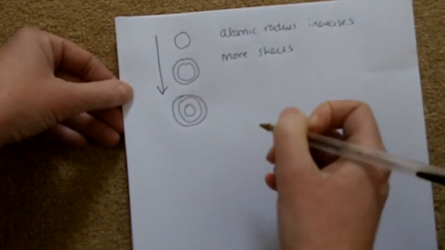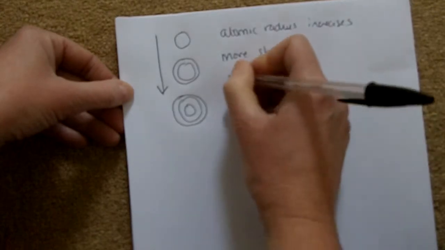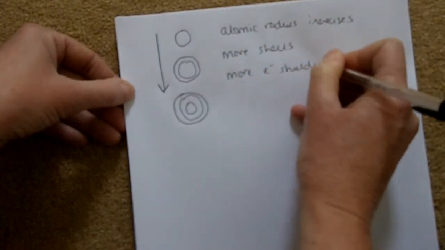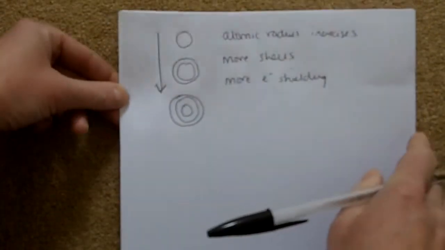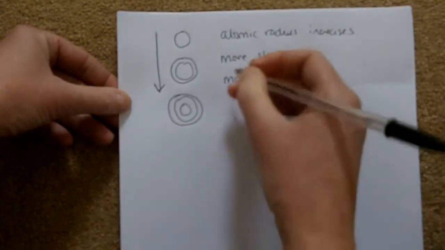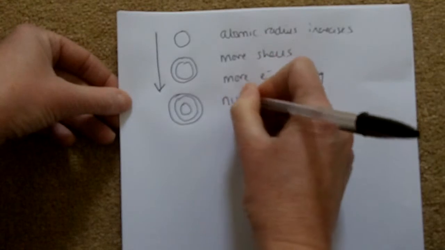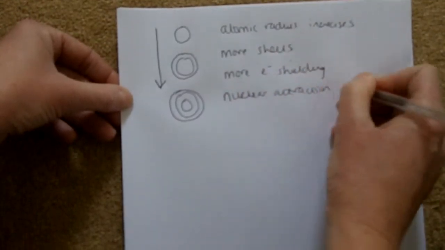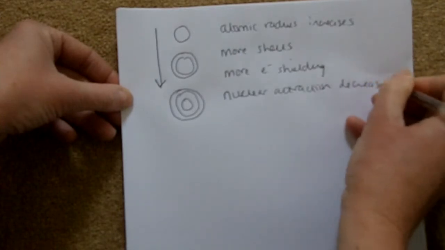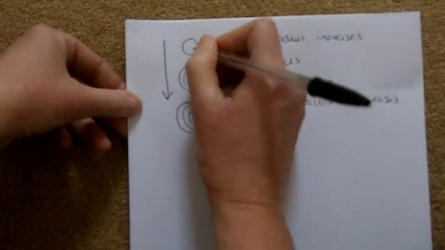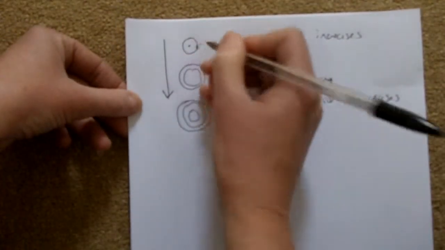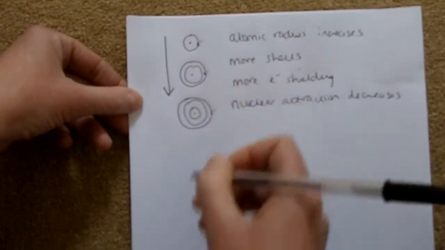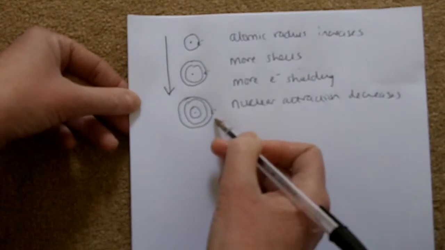So therefore you're going to have more electron shielding as you go down a group. As you go down the group, the nuclear attraction decreases. The attraction between the protons and the outer electron decreases because it's getting further away.